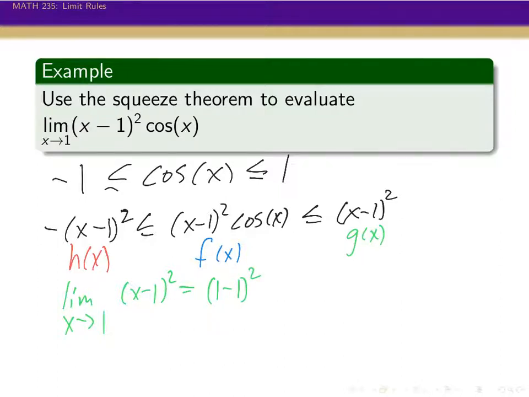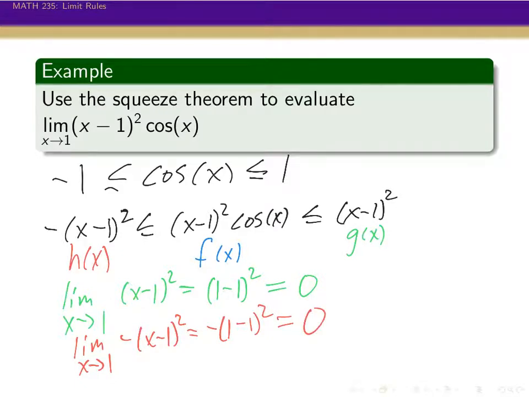And 1 minus 1 is 0. 0 squared still is 0. If we do h of x, it's the same thing, just with a minus sign. It's still a polynomial, so we can still just plug 1 in, and we end up with 0 there.